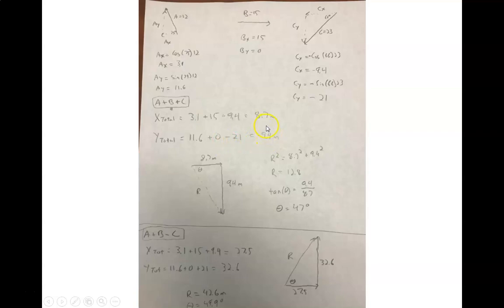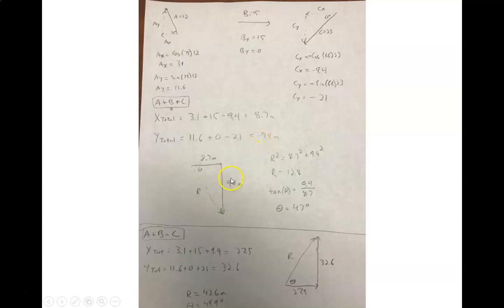Now I'm going to redraw this triangle with my x total and my y total. So my x is 8.7, okay, to the right. And see, we're putting these vectors tip to tail, so I told you we'd be doing it that way. And then my y total, that's negative, so I put it down. I went ahead and drew it down, so minus 9.4.